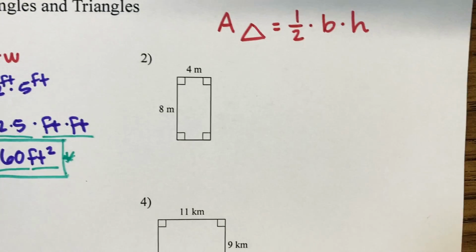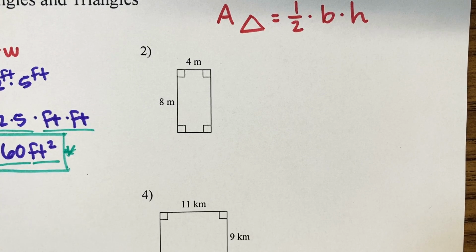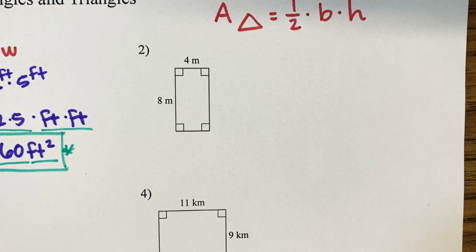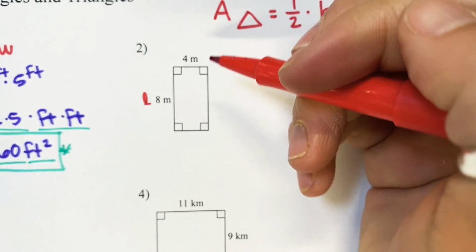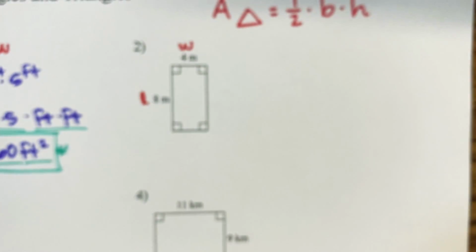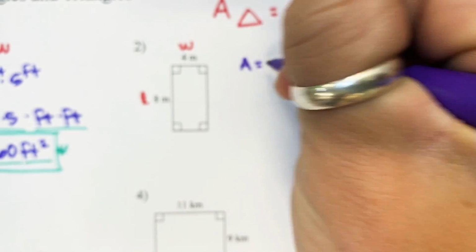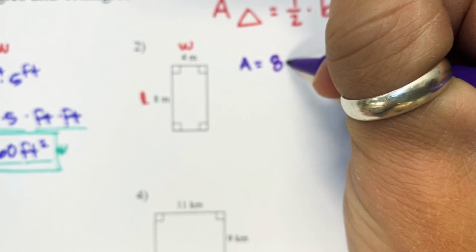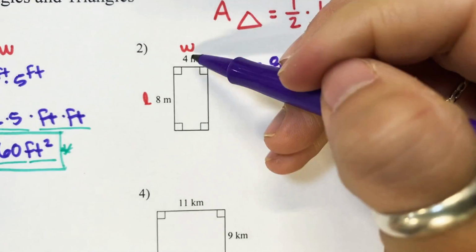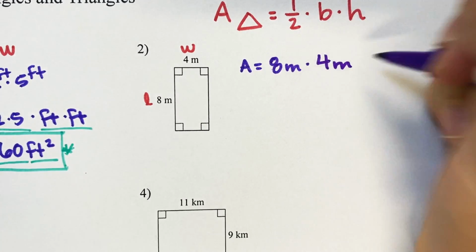Okay, let's go ahead and do number 2. So we have our length times width. Let's identify our length as this guy, 8. That means our width, or how wide it is, would be that guy, 4. 8 meters and 4 meters. So our area equals length, 8 meters, times our width, 4 meters.